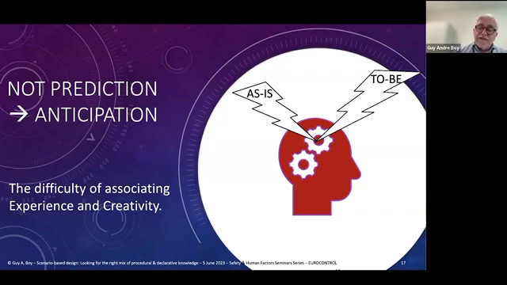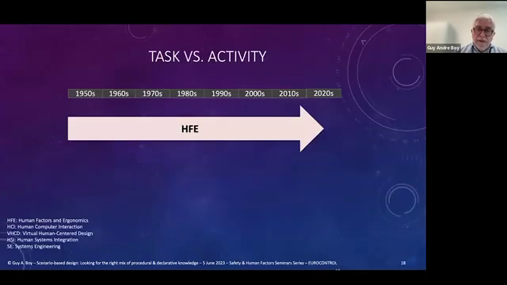And creativity is out-of-the-box knowledge, where you anticipate something that you think is very good to do, but you have to combine experience and creativity. This is where the trick is and the difficulty. So for a long time, all this was not very well done. Why?